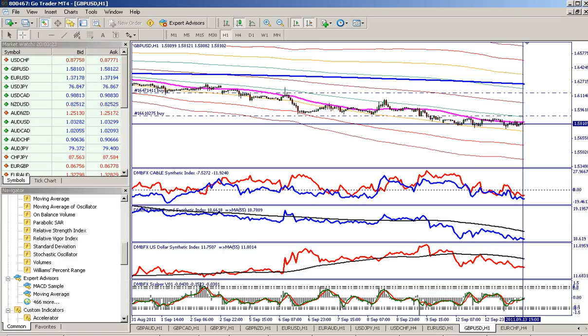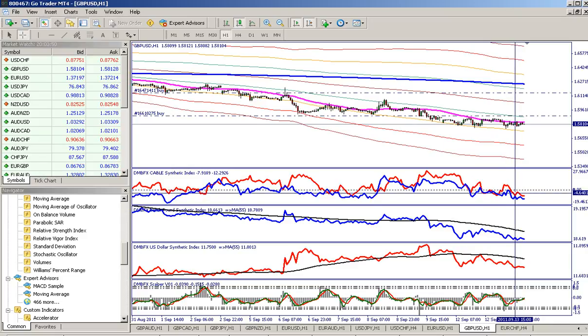And if we move on to look closer at who is in control at the moment, is it the pound or is it the dollar? You can clearly see here that the dollar is in control at the moment because it's way up, and there's been a bit of a convergence.